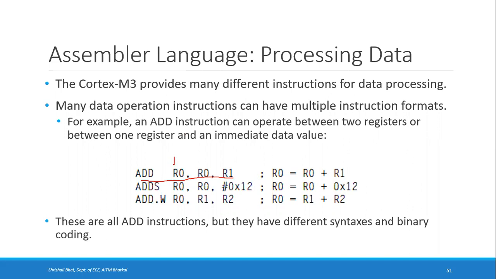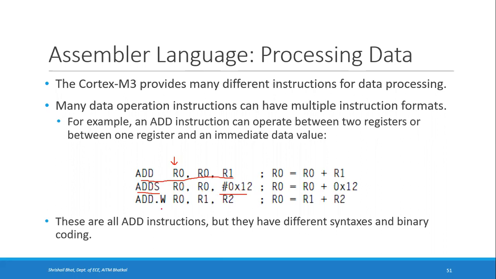R0 plus R1 is calculated and the sum is copied into R0. Then ADDS, S stands for addition with the status flags updated. ADDS R0, R0, #0x12. #0x12 is the immediate data. R0 is added with 12H and the sum is stored in R0.